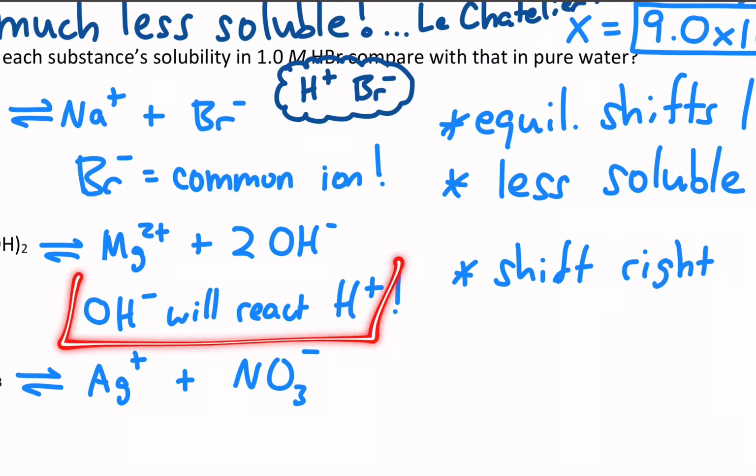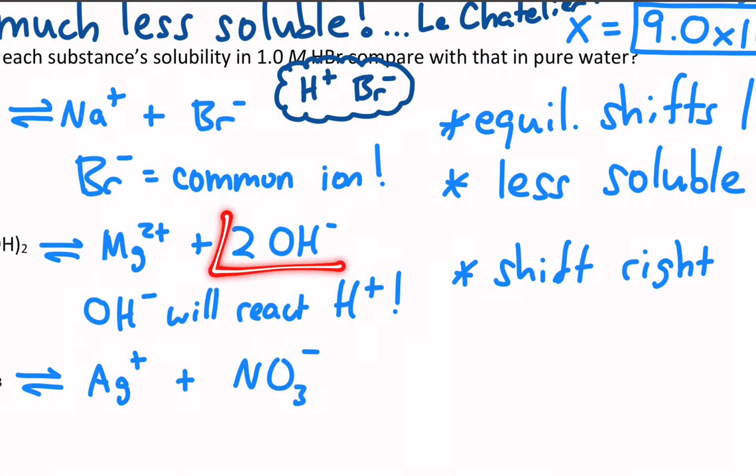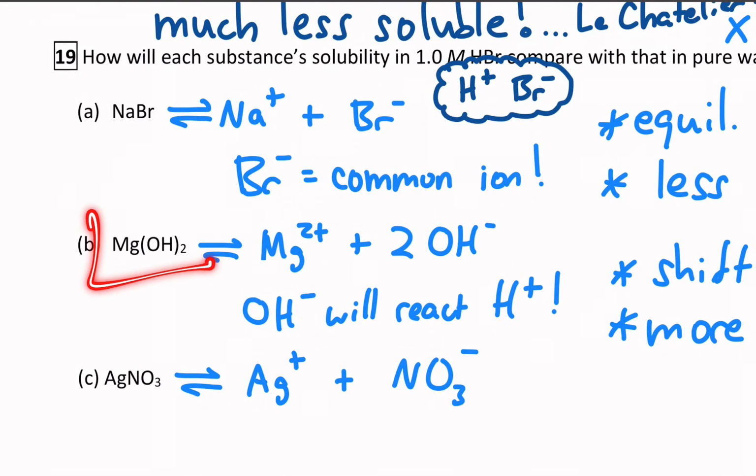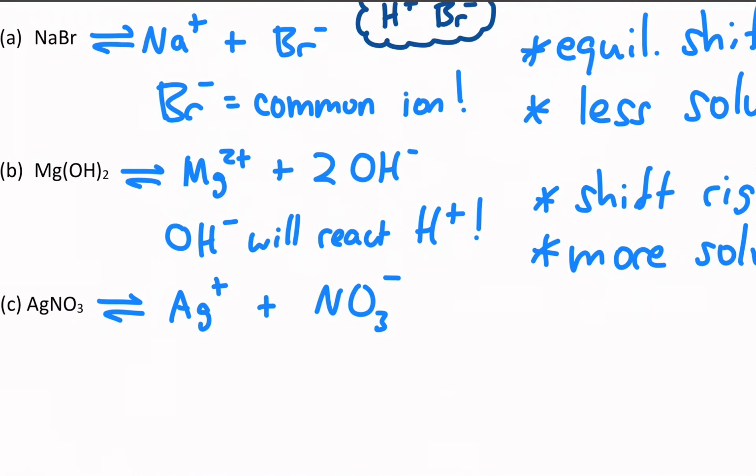Because if this happens, and that would be just an acid-base reaction, that's the same as removing hydroxide ions. So that would force the equilibrium forward to the right, and then you end up with a more soluble solid. That should also make sense conceptually that a base easily reacts with an acid. In other words, when that reaction happens, you get solubility.